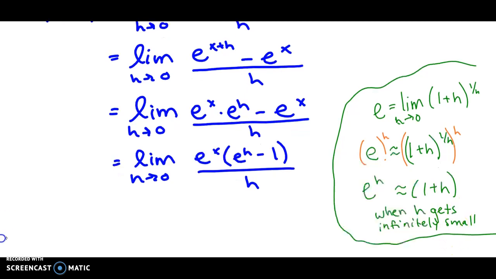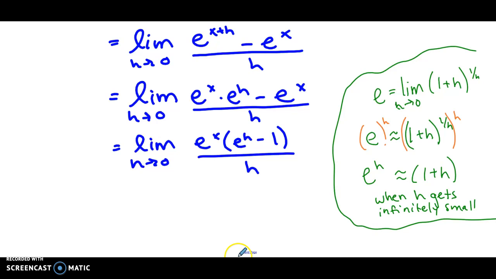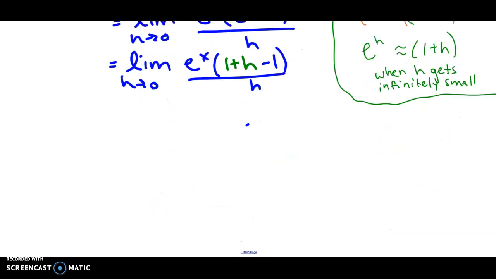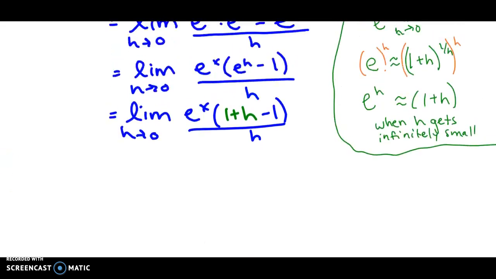So now I can use that information here to replace e to the h with 1 plus h. Notice that my 1's are going to cancel now. And we're almost there.